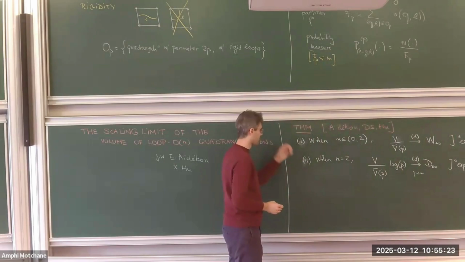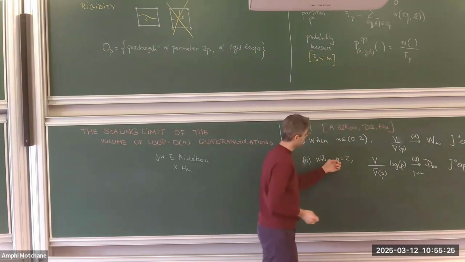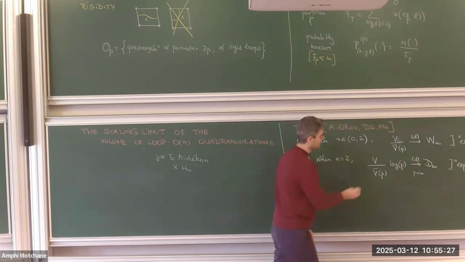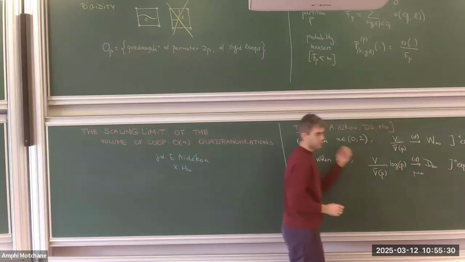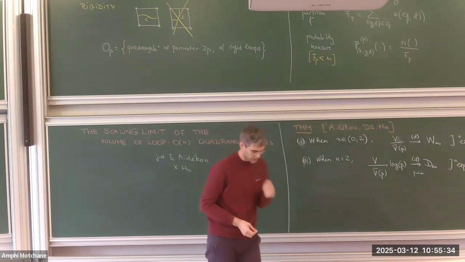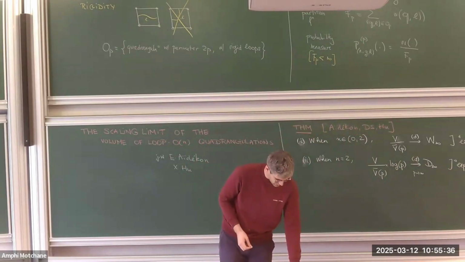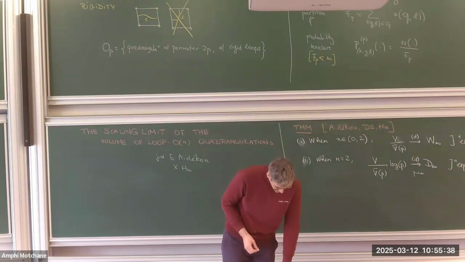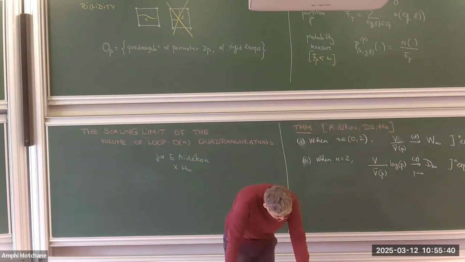Okay, so this case is kind of critical in the sense that you have to add a logarithmic correction to the mean behavior to get a convergence in distribution to the volume. And my plan is to try to explain where this logarithmic correction comes from in particular.